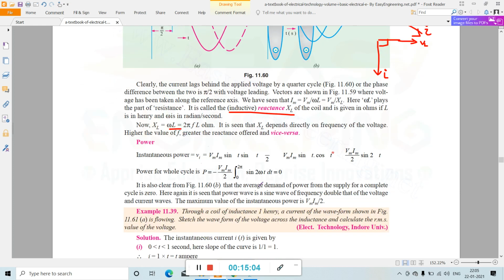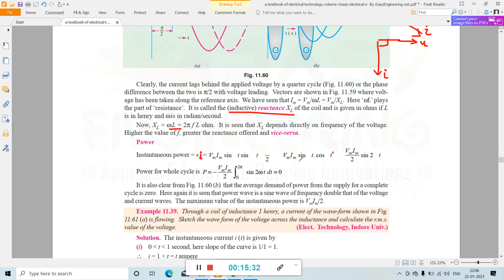In this case, the instantaneous power is again V into I, that is equal to Vm sin ωt into Im sin(ωt − π/2).